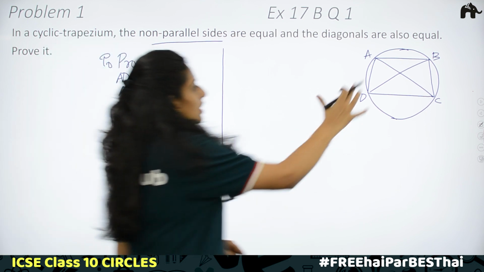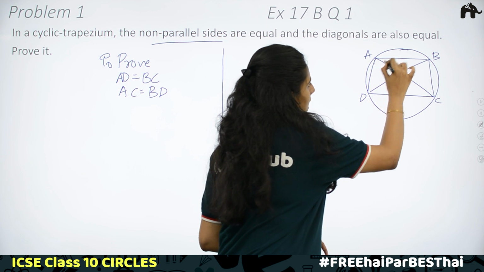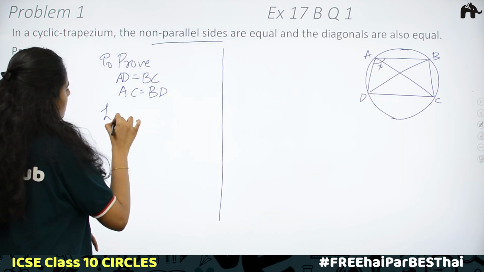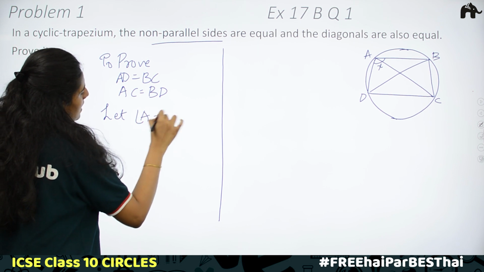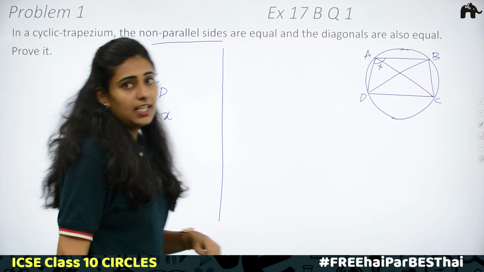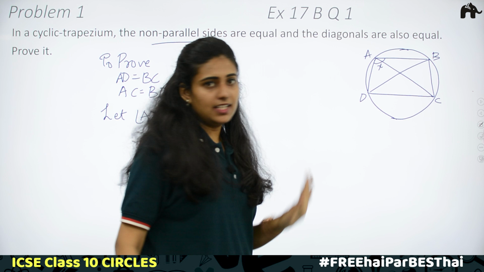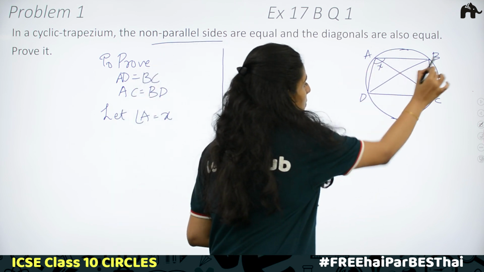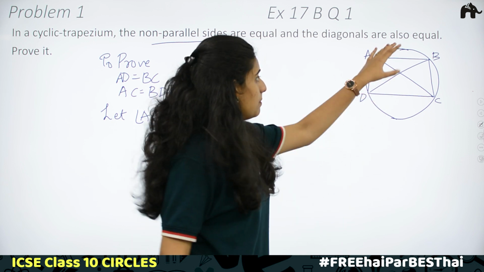Now, in this trapezium, I am taking angle A as some x. Let angle A be equal to x. Is there any relation between angle A and angle D? This is a trapezium. We know that AB is parallel to DC. They are the parallel sides.